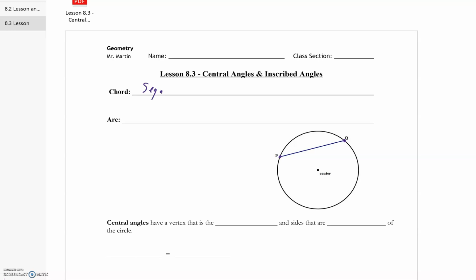It's a segment which has its endpoints on the circumference.